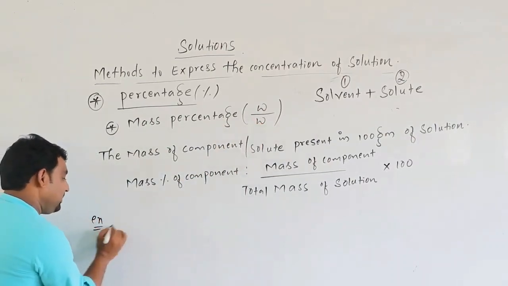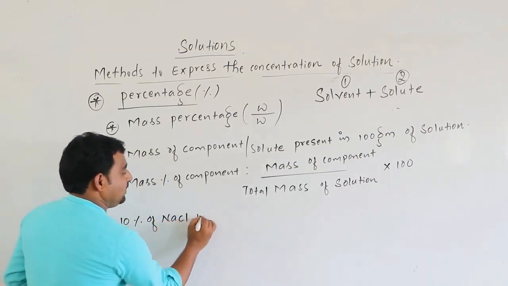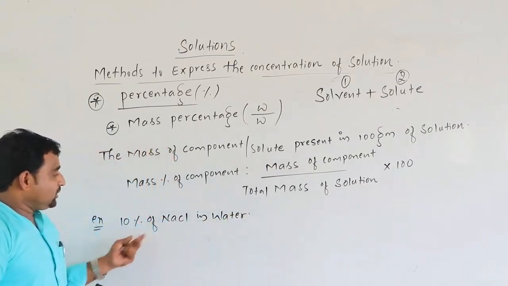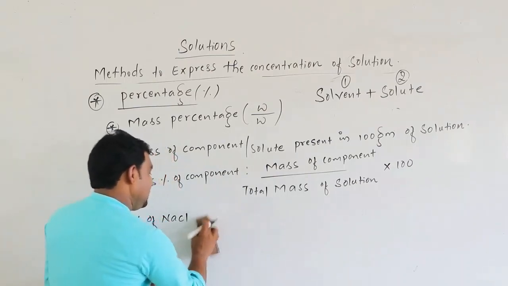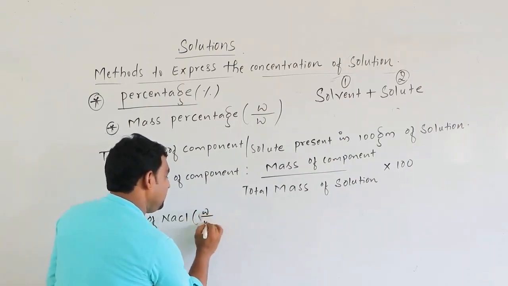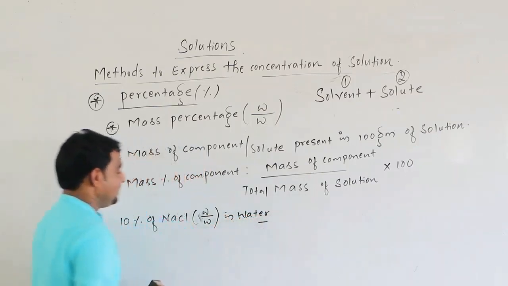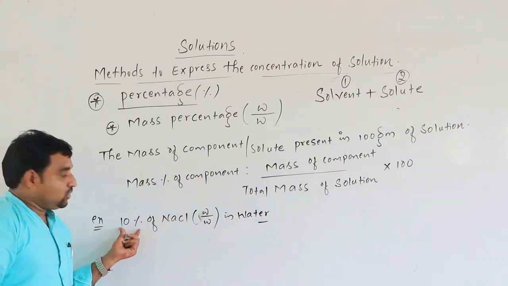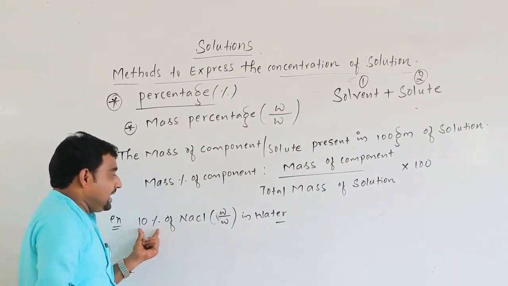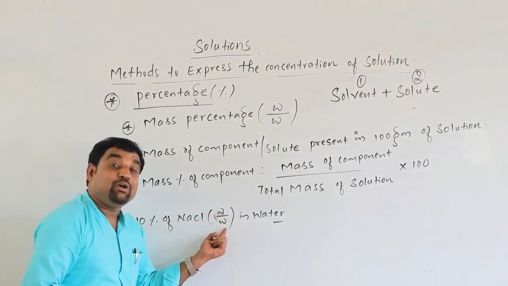Example, 10% of sodium chloride in water. So 10% W by W. In numericals or problems, they will give 10% W by W in water. What does it mean? This refers to the solute. The solute is taken in gram and the solvent is also taken in gram. That is, 10 gram of solute is present in 90 gram of solvent.